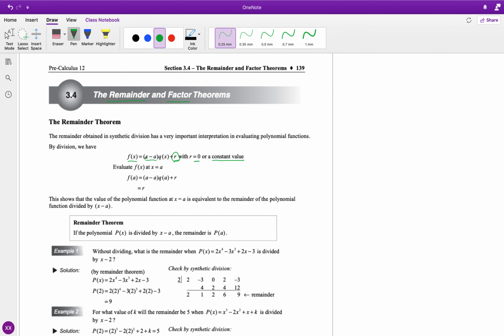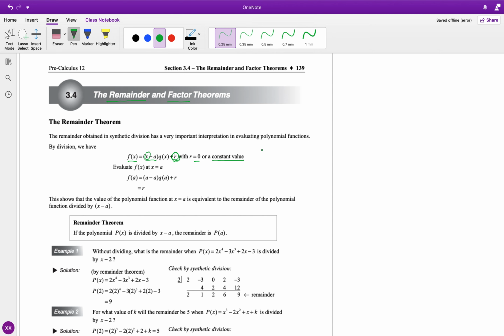This is only divided by a binomial of degree 1. So the remainder will be just a value, either 0 or some other number.